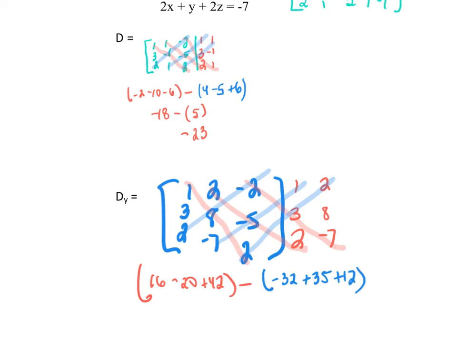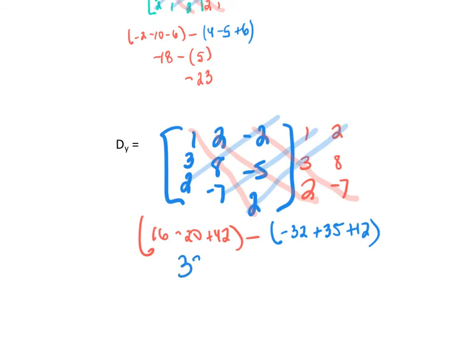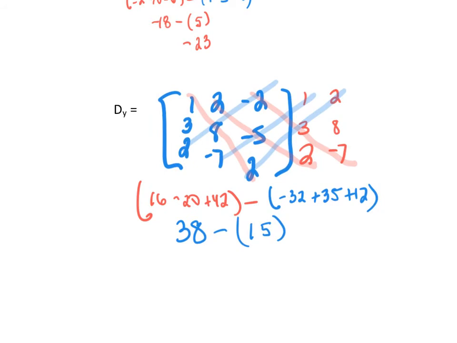So now we just have our basic simplification. 16 minus 20 plus 42, which gives you 38, minus negative 32 plus 35 plus 12, which gives you positive 15. So 38 minus 15, d sub y equals 23.